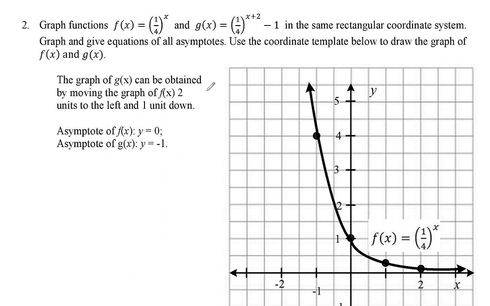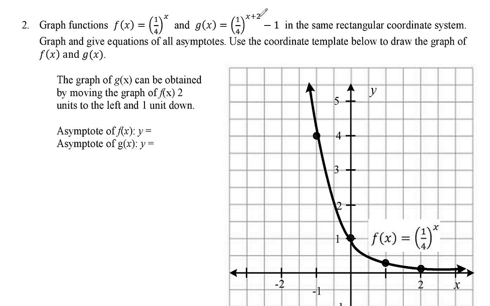In number 2, they want us to graph the functions 1/4 to the x and then 1/4 to the x plus 2, minus 1, on the same grid. I already transferred over 1/4 to the x from above. We can graph g of x by shifting.